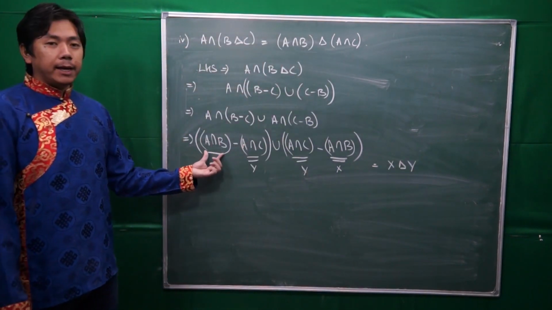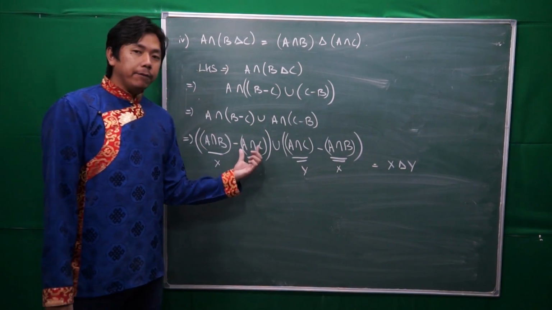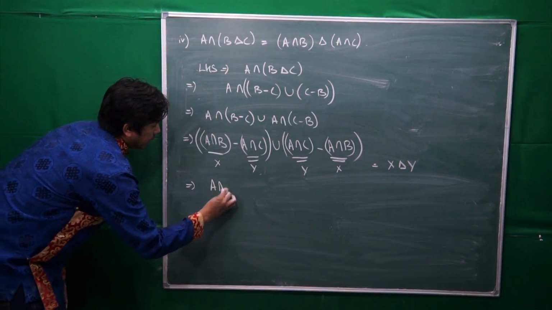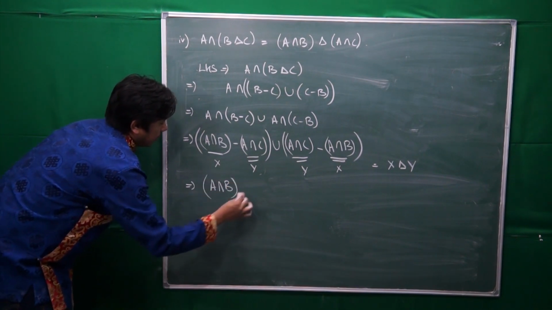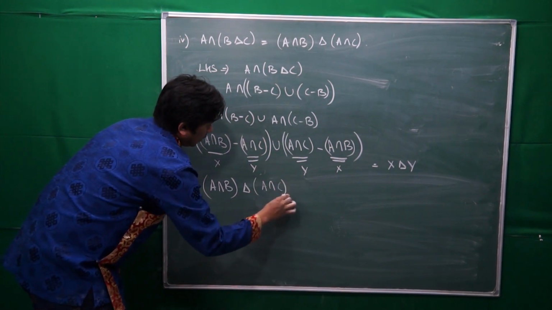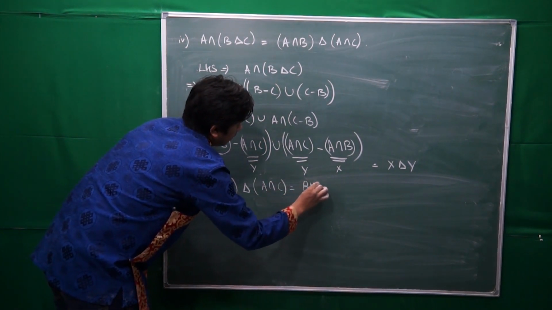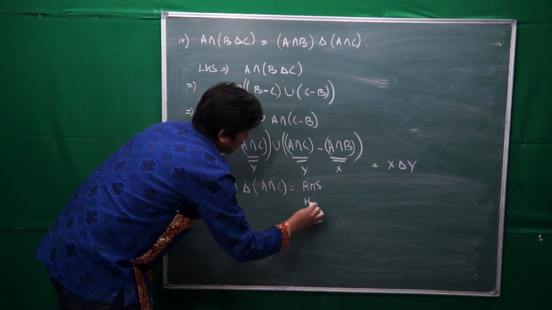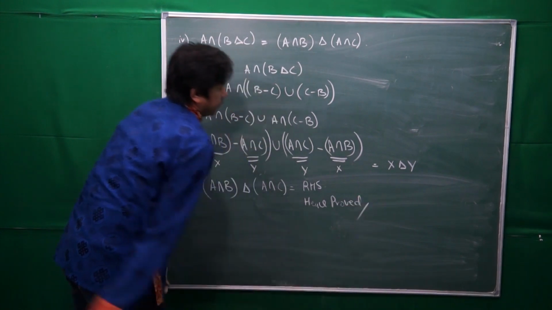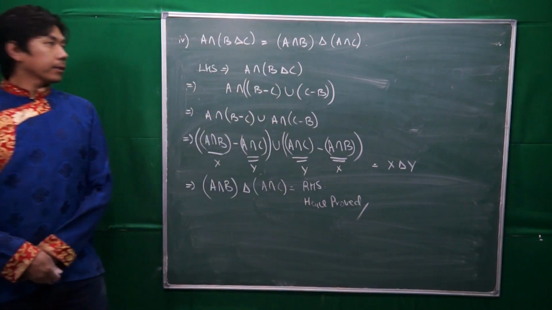Instead of X, we have A intersection B. Instead of Y, we have A intersection C. So this would be (A intersection B) symmetric difference (A intersection C), which is equal to RHS, hence proved. Simple.